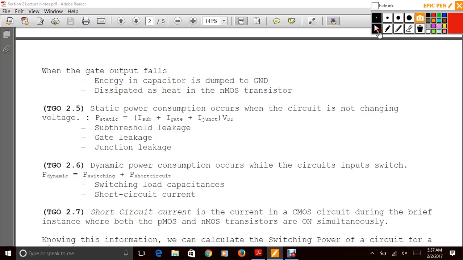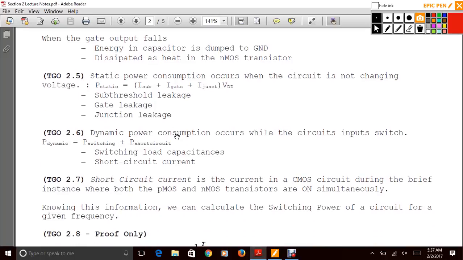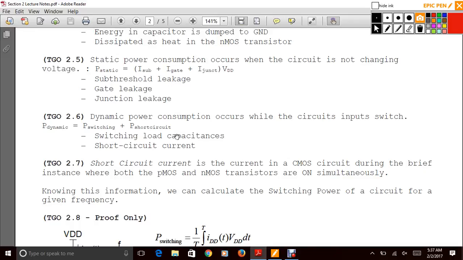So I talked about this difference between static and dynamic power consumption. Static power consumption occurs when the circuit is not changing voltage. So we have a full waveform here, right? Static power consumption occurs here, here, here.